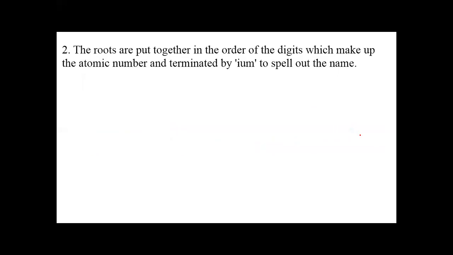Now the roots are put together in order of the digits which make up the atomic number and terminated by ium to spell out the name. In some cases, if enn comes before nil, one n is neglected, so enn plus nil gives enil.